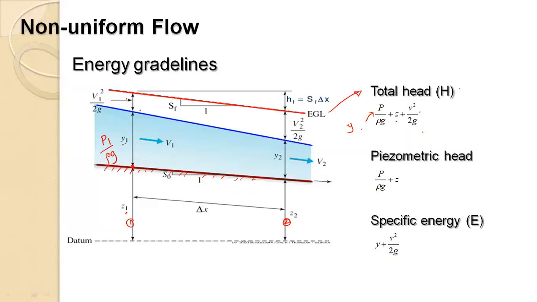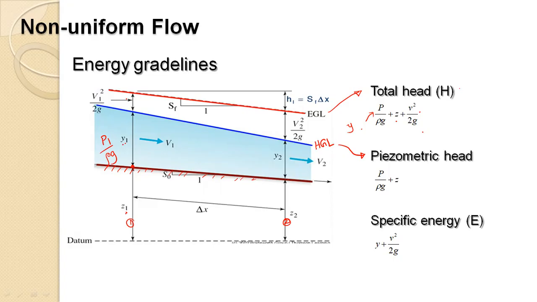Now, what does it represent? The piezometric head represents the hydraulic grade line, excluding the velocity head. Can you find a relationship between the hydraulic grade line and the free surface?